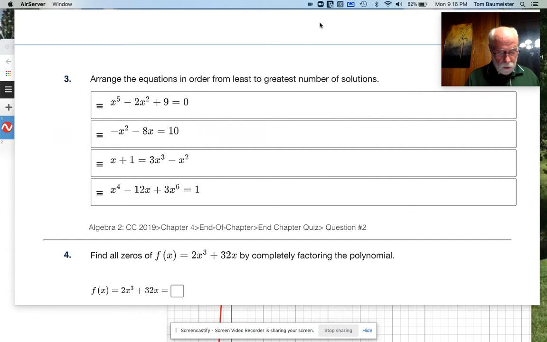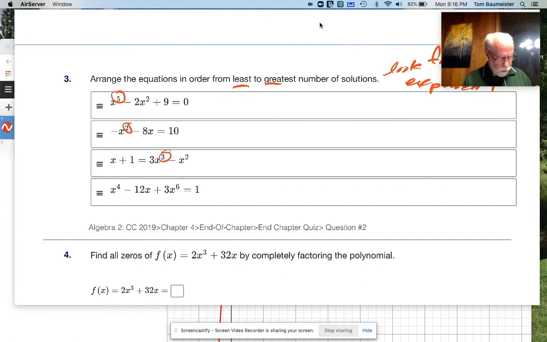Arrange the equations in order from the least to the greatest number of solutions. Remember, for the number of solutions, look for the highest exponent. On this one here, the highest exponent is 5. On this one, it's 2. On this one, it's 3. And on this one, it's 6. They want us to go from least to greatest.